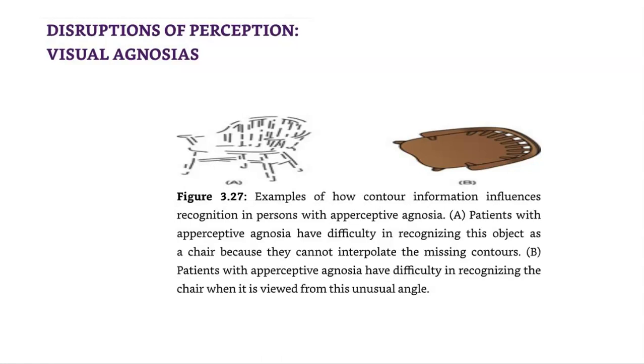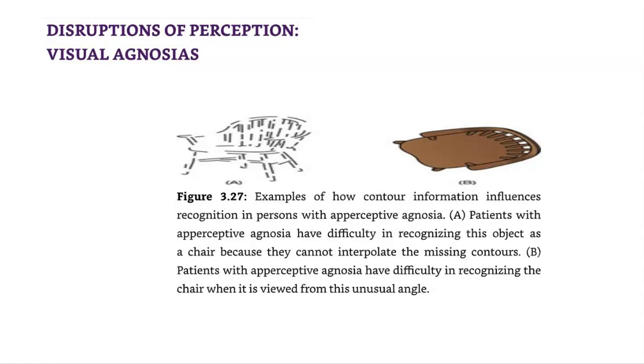Associative agnostic patients may also become distracted by small details such as an extra dot or a stray line. One last type is prosopagnosia, and that's the inability to recognize faces. That's a very rare one. These people typically suffer from damage to a particular region in the right hemisphere with a little bit of left hemisphere involvement.